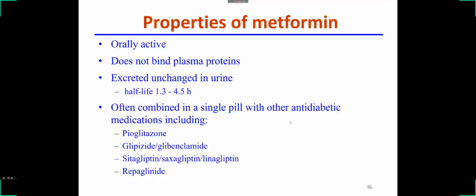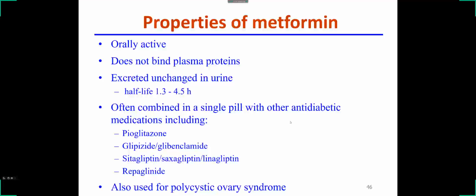So the ability to package metformin in with other compounds for treatment is an important aspect. Some of these other compounds that you see in the same single pill with metformin are the glitazones, glipizide, sitagliptins, and the meglitinides that we'll talk about.